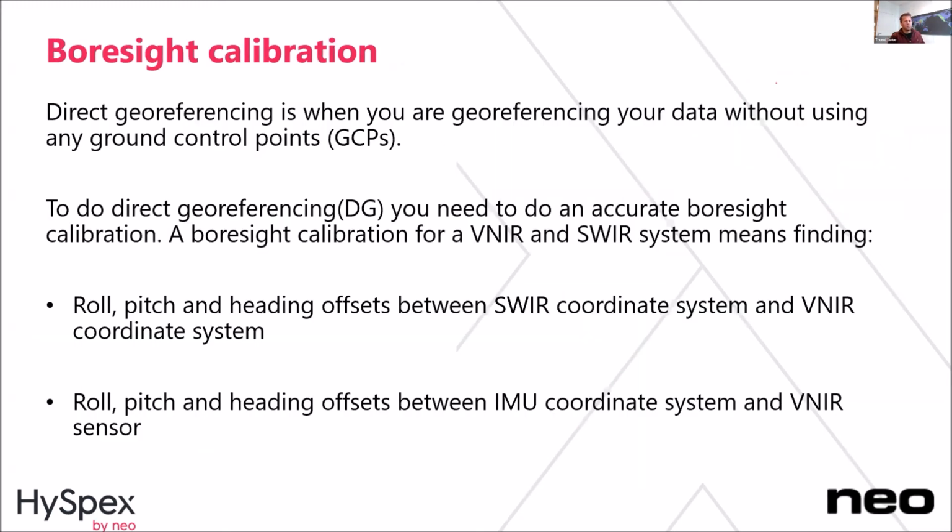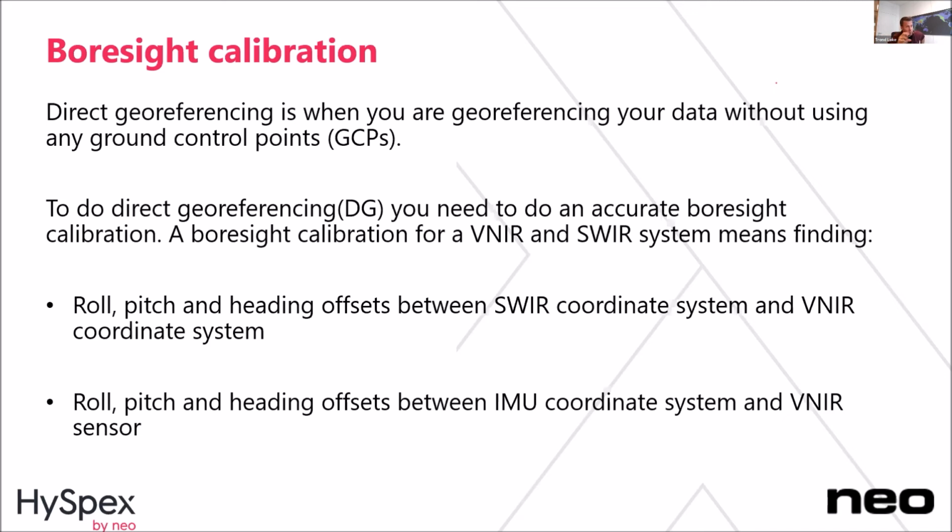Then it's the boresight. Direct georeferencing is when you are georeferencing your data without any ground control points, so any points on the ground where you know exactly the position. To do direct georeferencing, you need an accurate boresight calibration. A boresight calibration is finding the roll, pitch, and heading offsets between the coordinate system of your master camera and a slave camera if you have 2 cameras, and then finding the roll, pitch, and heading offsets from your master camera to the IMU system, right?